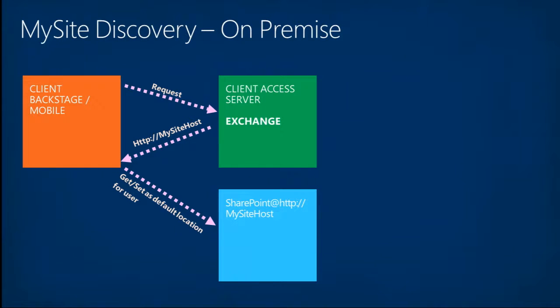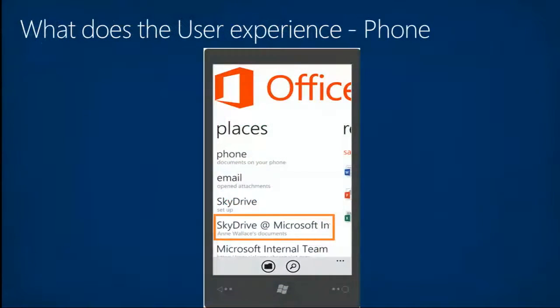Let me show you what it looks like on the client. This is the phone experience, the phone UI. This is the Office Hub. As soon as you set up Outlook on your phone, you'll see that the Office Hub is all set up. At no point do you need to figure out what the SharePoint URL is or enter the SharePoint URL to set up your Office Hub.